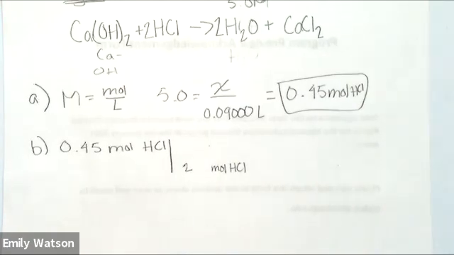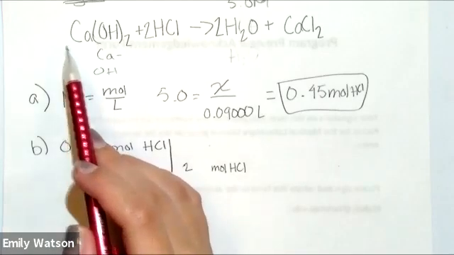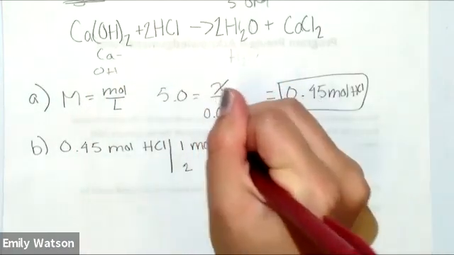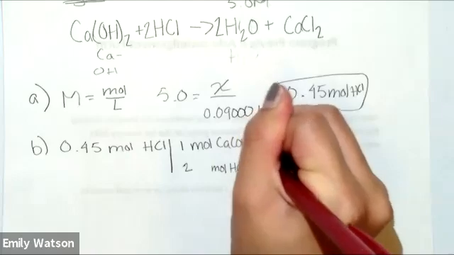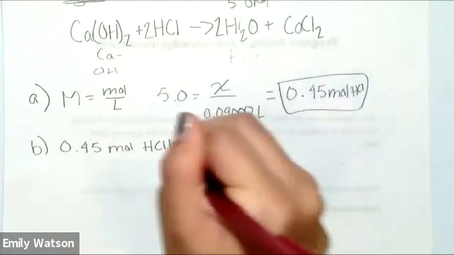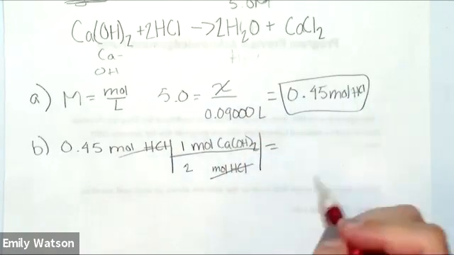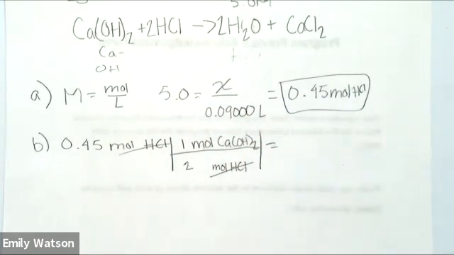Moles of calcium hydroxide. Where are we going to find those moles? From the coefficients, from this ratio. Cross out your units and do math, and then tell me how many moles of calcium hydroxide we used.